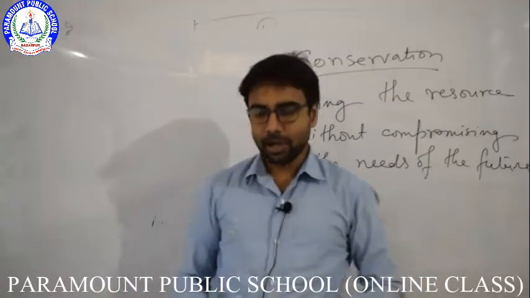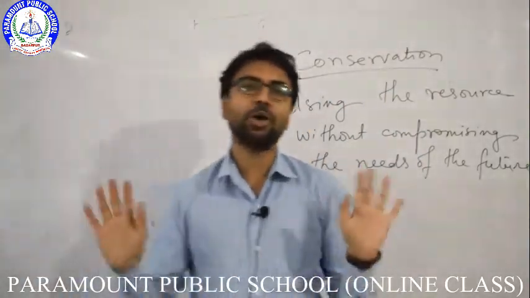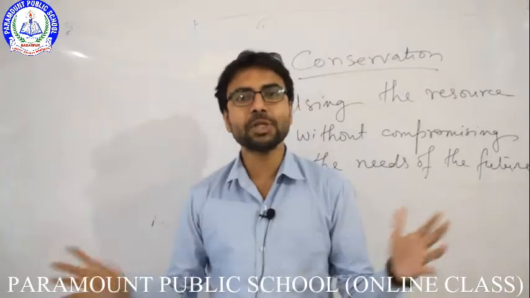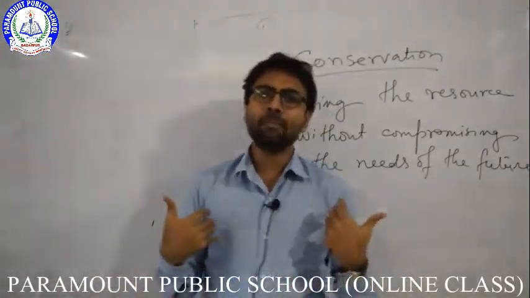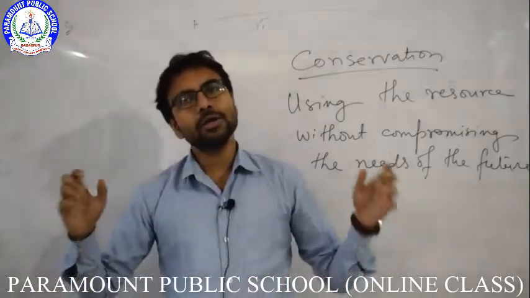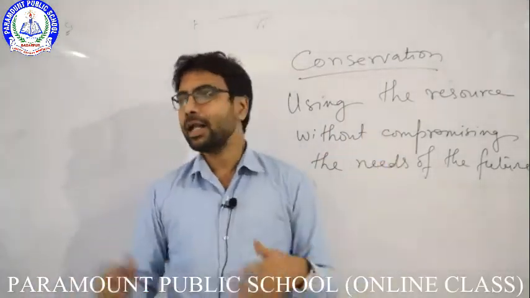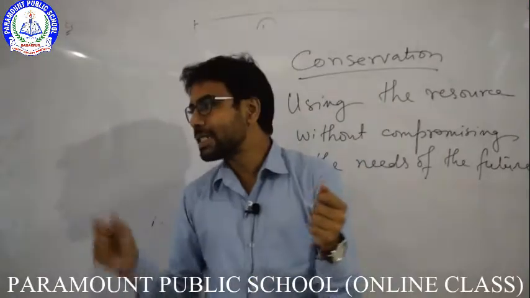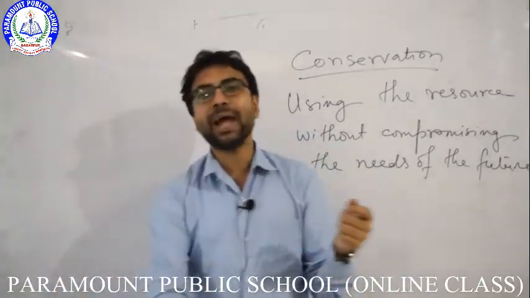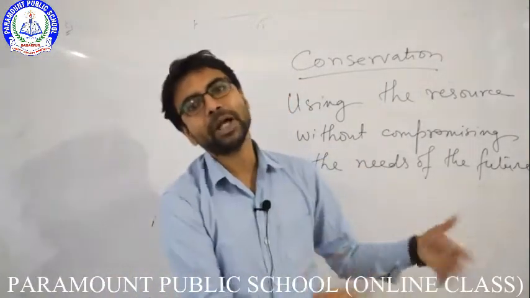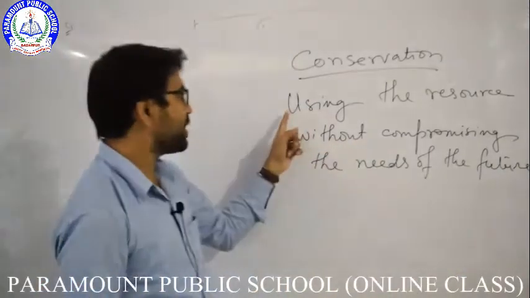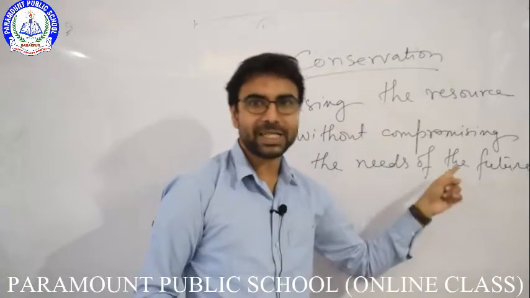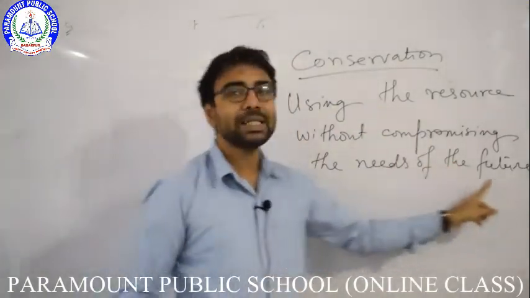For example, today we have petrol, we have oil rigs which produce petrol and diesel. I fill up my tank, and then suppose I stand somewhere in my car talking to my friend, my engine is running, burning petrol. So basically I'm wasting it. Conservation is using the resource without wasting it and without compromising the needs of the future.